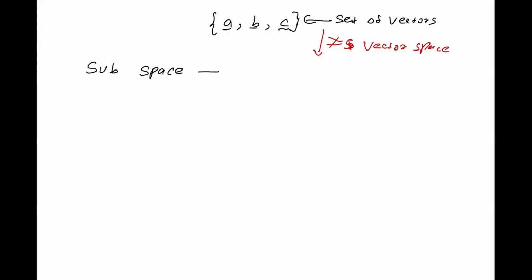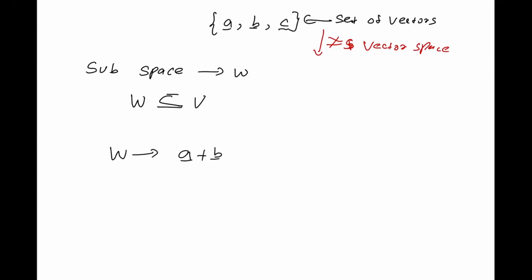Let's say the subspace, I denote it as W. If we consider this as a set, the set of vectors that belong to this subspace should be a subset of V. It means if you have the original vector space V, your subspace vectors, considered as a set, should be a subset of your original vector space. Also, in order for W to be a subspace, it should have these properties.